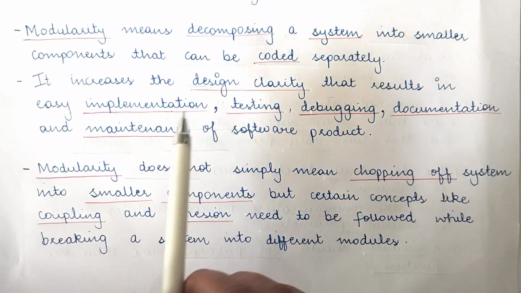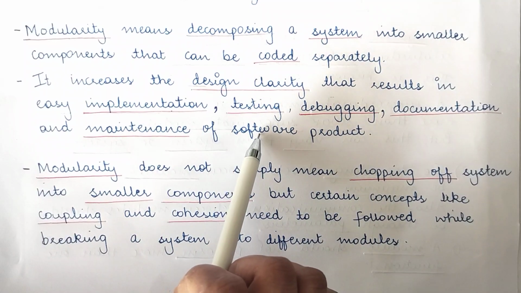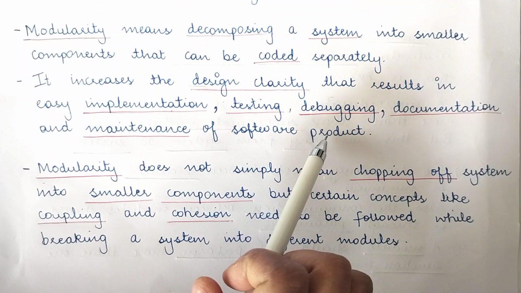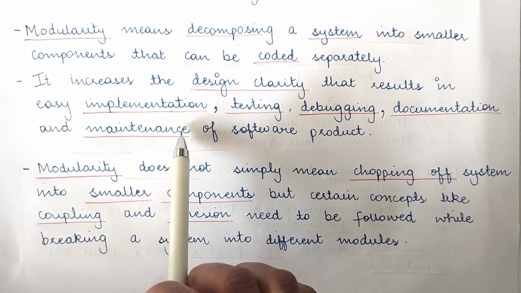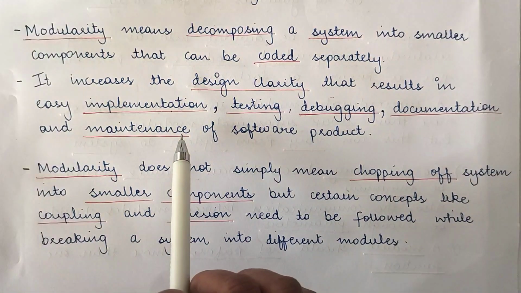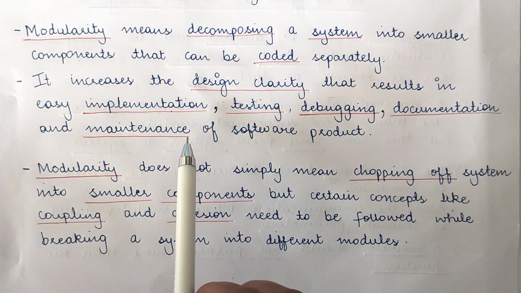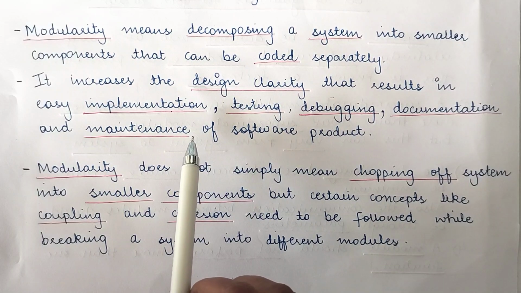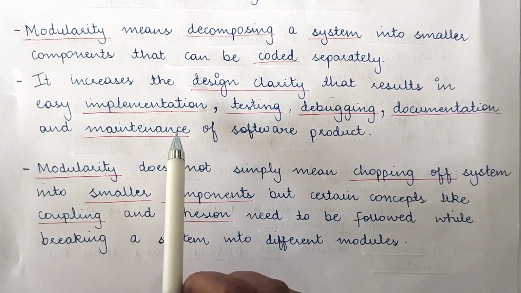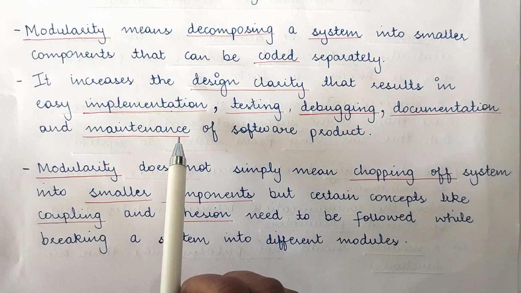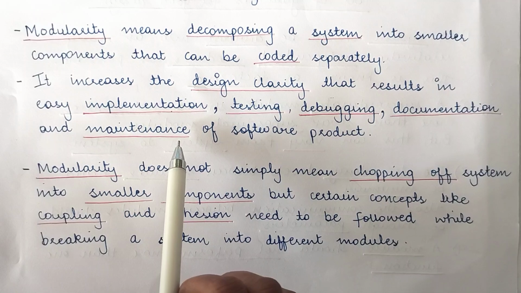And the documentation and maintenance of the software product also becomes easier, because when you have to maintain one module, only that module would be maintained or debugged, and the other modules would not be tested or maintained. So whatever error, whatever problem there is in one module, only that module will be touched, and we will not have to look into other modules.